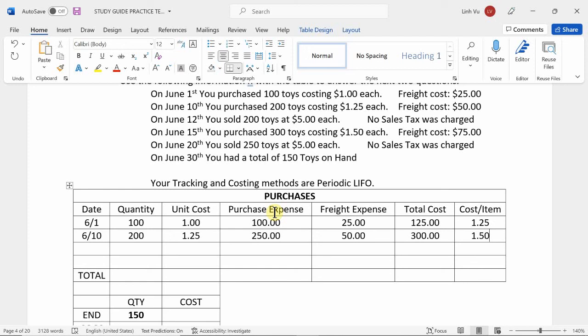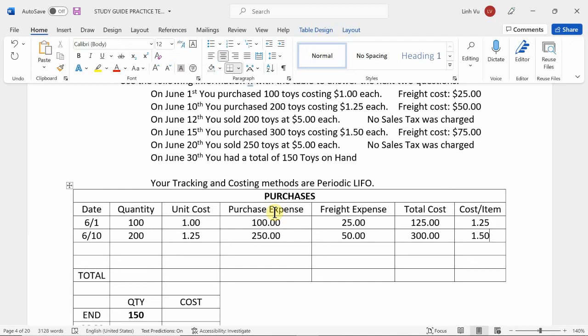At the end. So in this case, do we need to care about what happened on June 12th? Not yet, because we're only focused on what we purchased, and we wait till the very end to figure out how much we sold. So we skip over it.